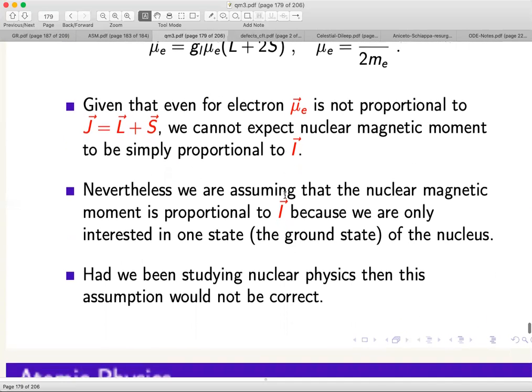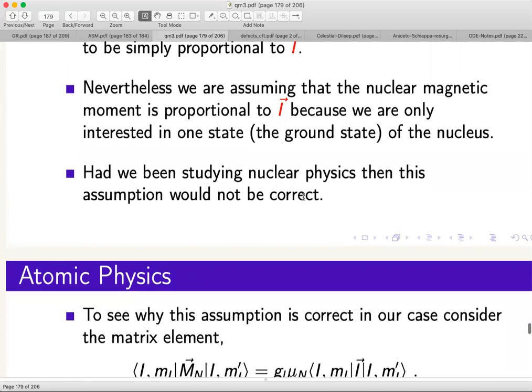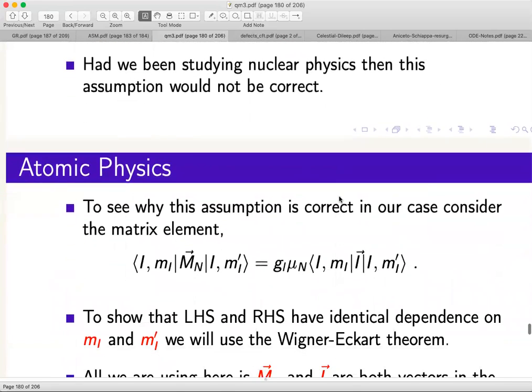This assumption is reasonable as long as we are doing atomic physics. It is not reasonable if you are doing nuclear physics, because you will have to look at the entire spectrum. It's like solving quantum mechanics for the nucleus, but that's not our problem right now.